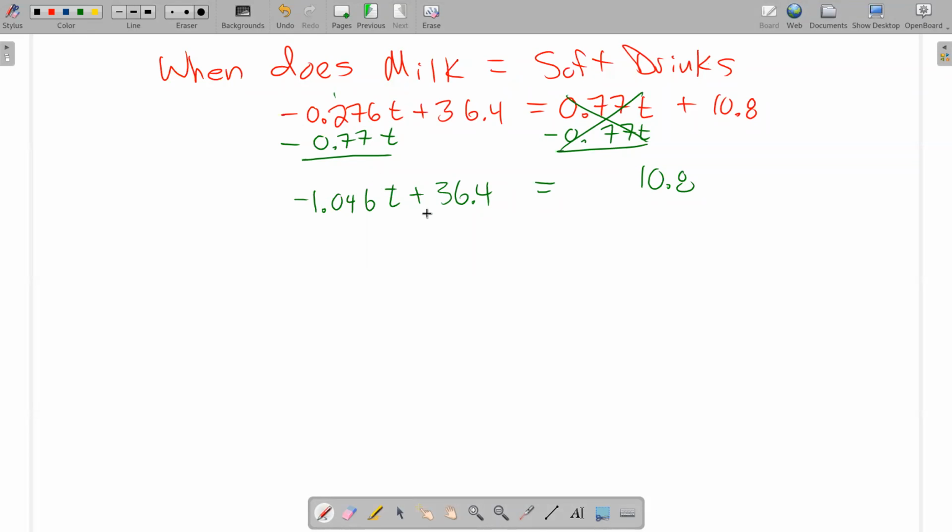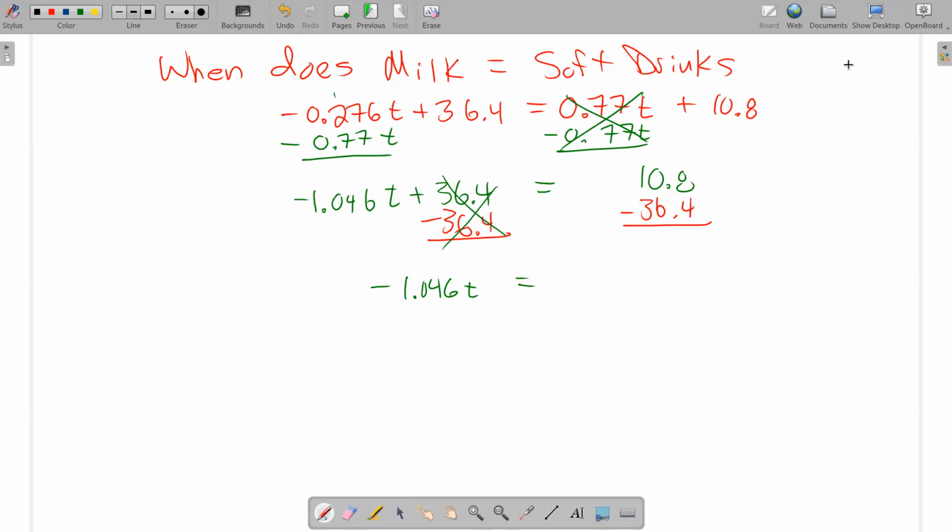So now I'm going to subtract the 36.4 over. And the point is that should add up to 0. It's gone. So now I have just negative 1.046 T equals whatever that subtraction is.